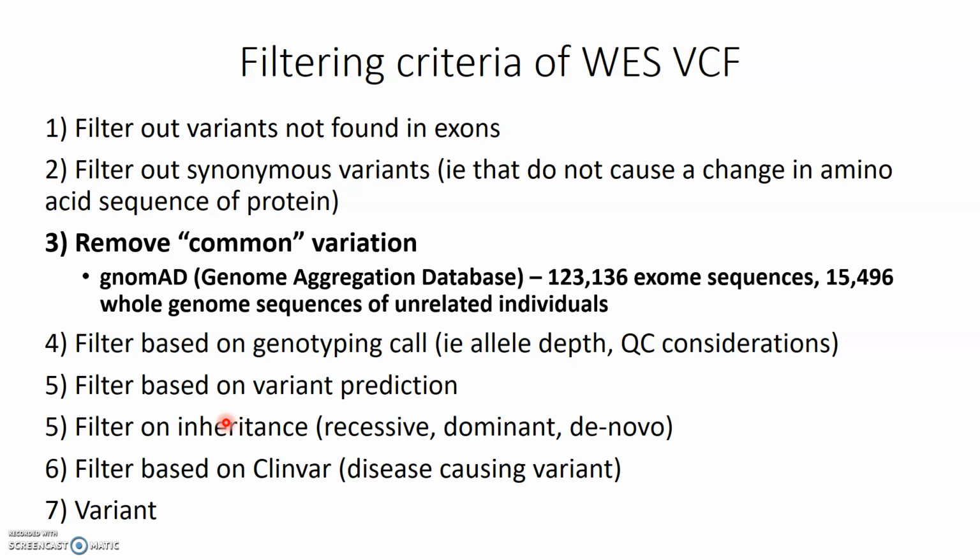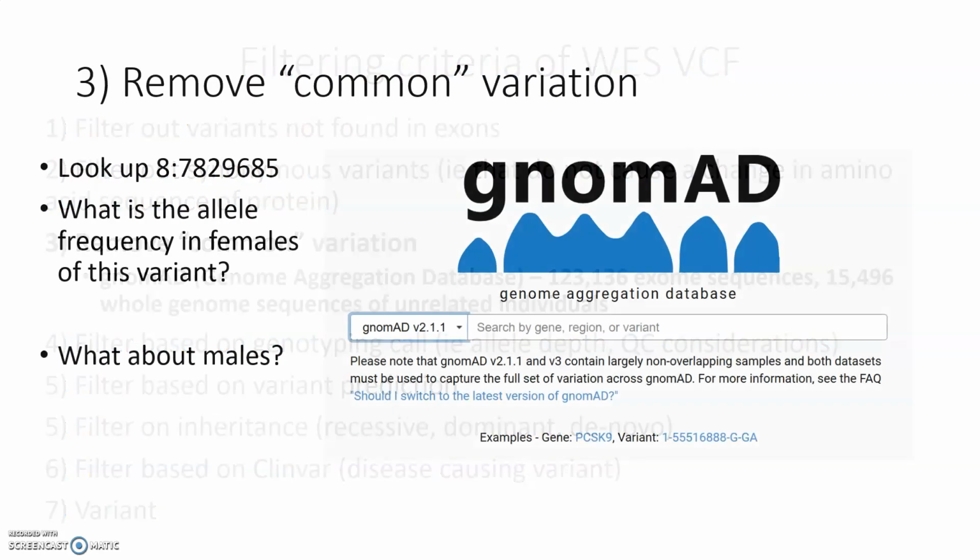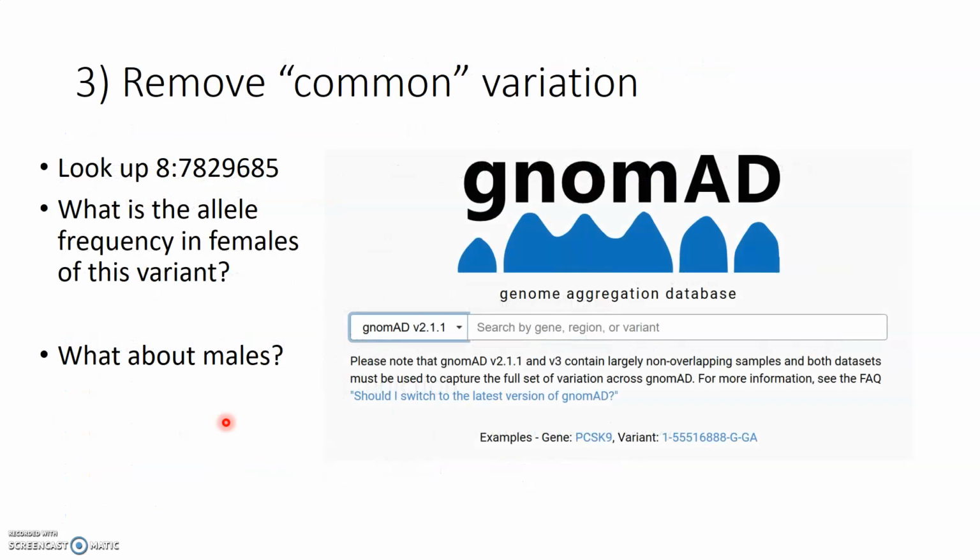And so we can use this if we're trying to identify a very rare variant, for example, in a patient, what variants to screen out or keep in our list of possible disease-causing variants. And remember, I had you look up a specific genetic variant in the gnomAD database and look at the allele frequencies that it reports for males and females. That's a portion of our activity that we did shortly before the break.